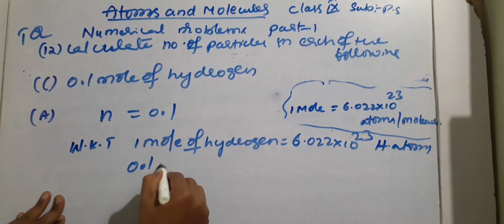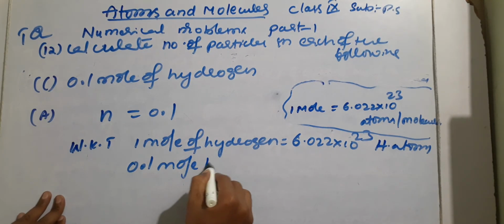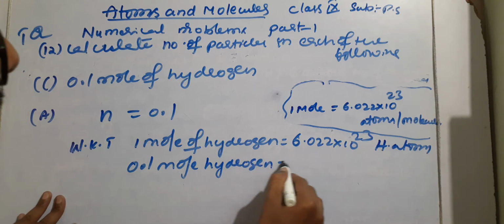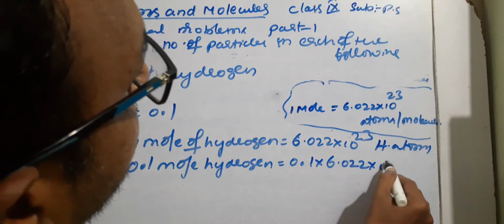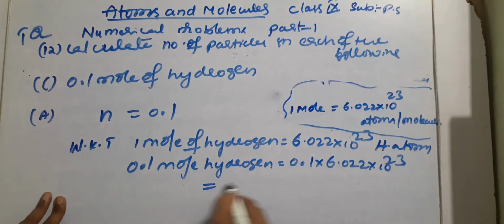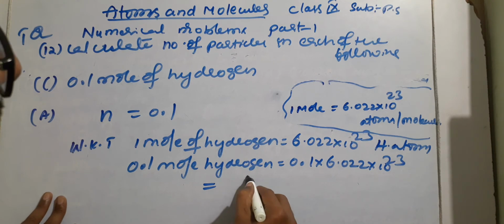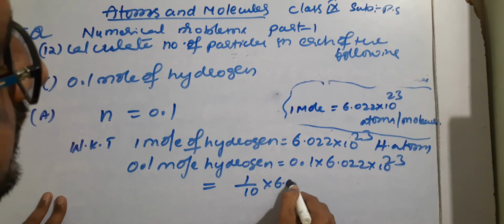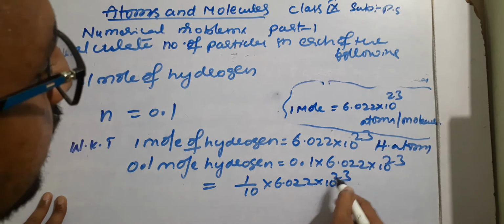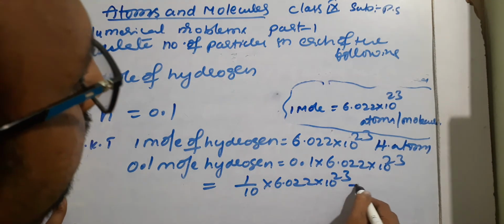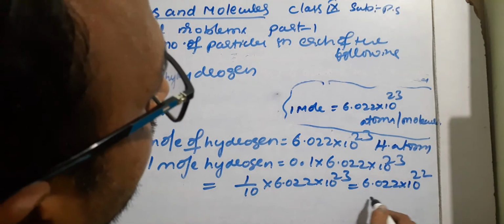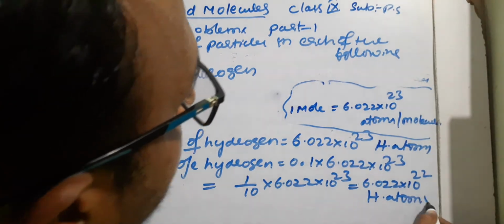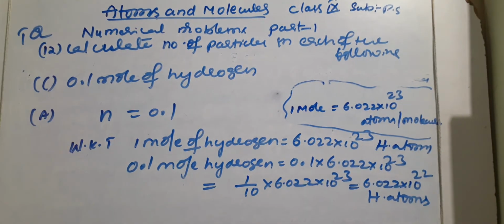Now 0.1 mole of hydrogen is equal to 0.1 into 6.022 into 10 power 23. 0.1 means we can write 1 by 10, students. 1 by 10 into 6.022 into 10 power 23. The 10 and 10 cancel. This is equal to 6.022 into 10 power 22 hydrogen atoms.